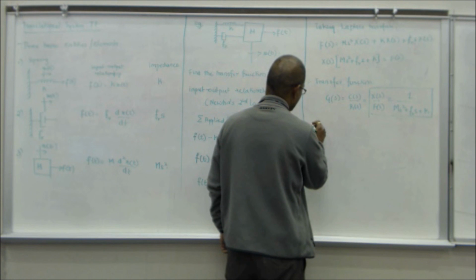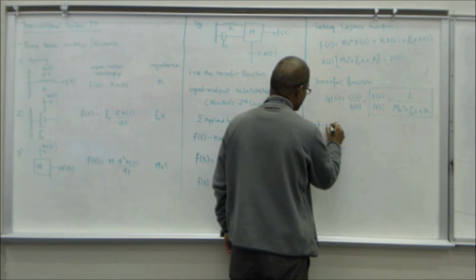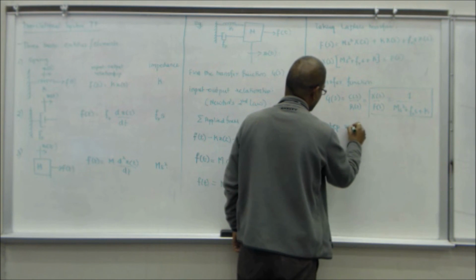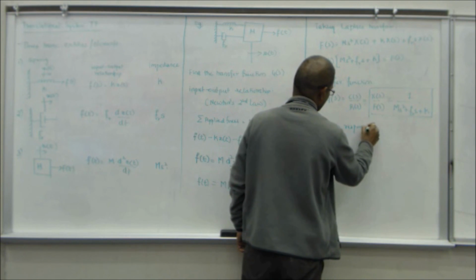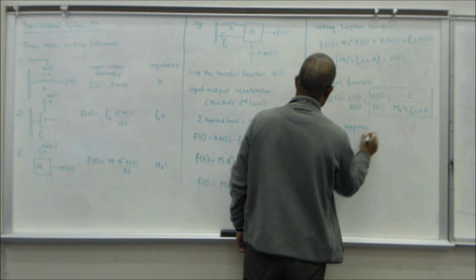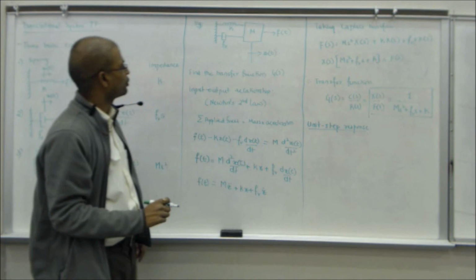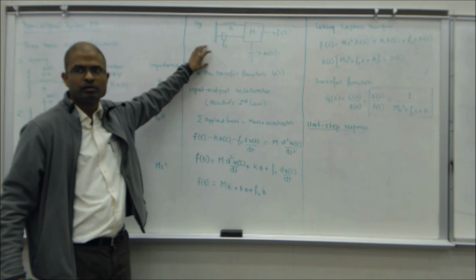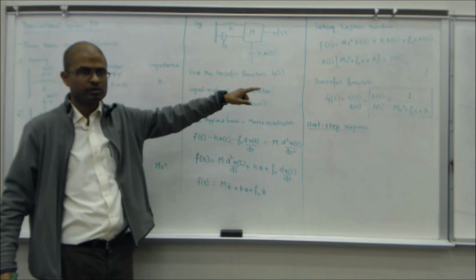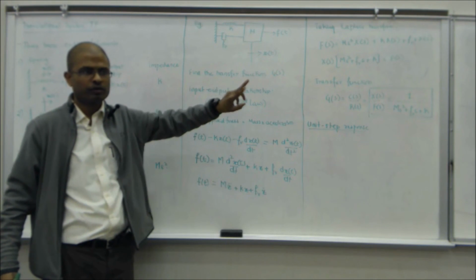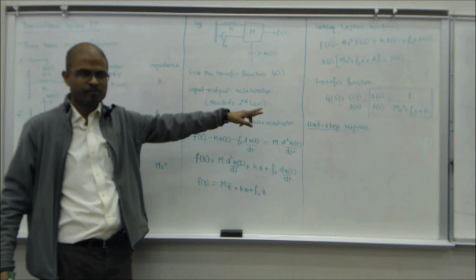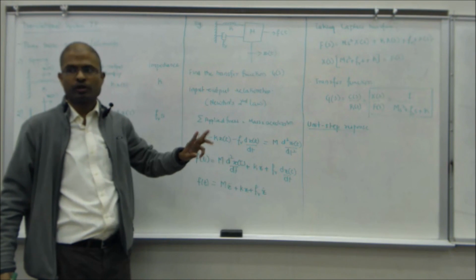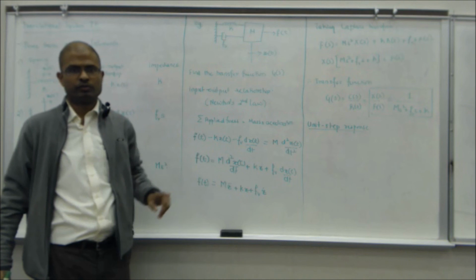Now, what is the response if I say find the unit step response? In the exam, this is how you're going to get it. You're going to get 6 points for finding the transfer function and 2 points for finding the unit step response. 2 points you're going to get for writing only one line.